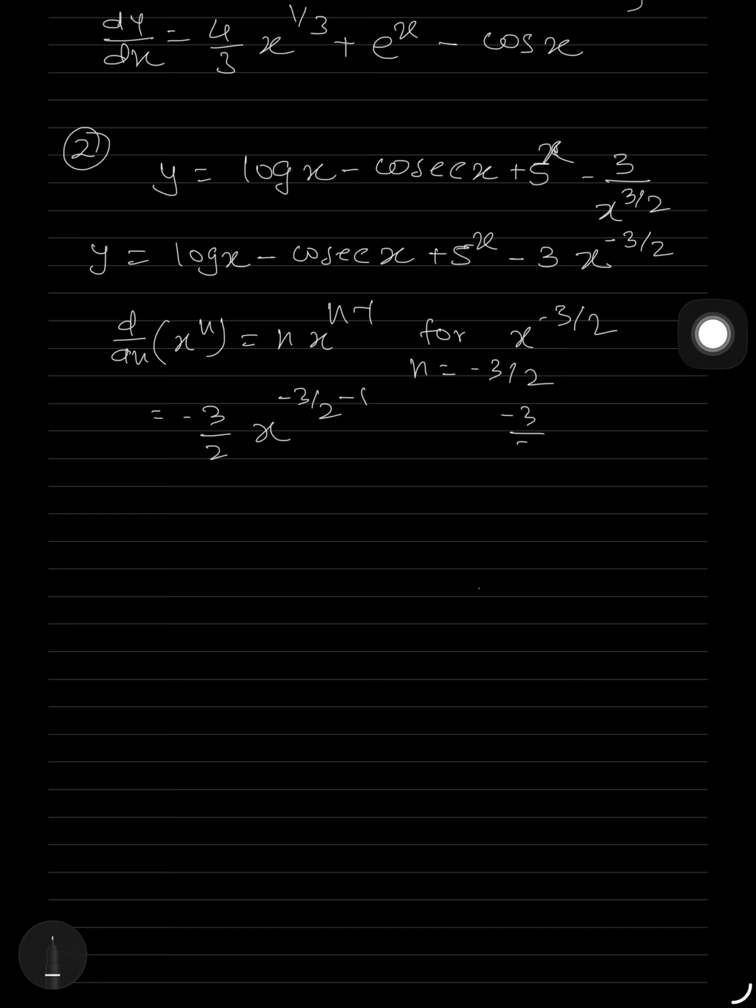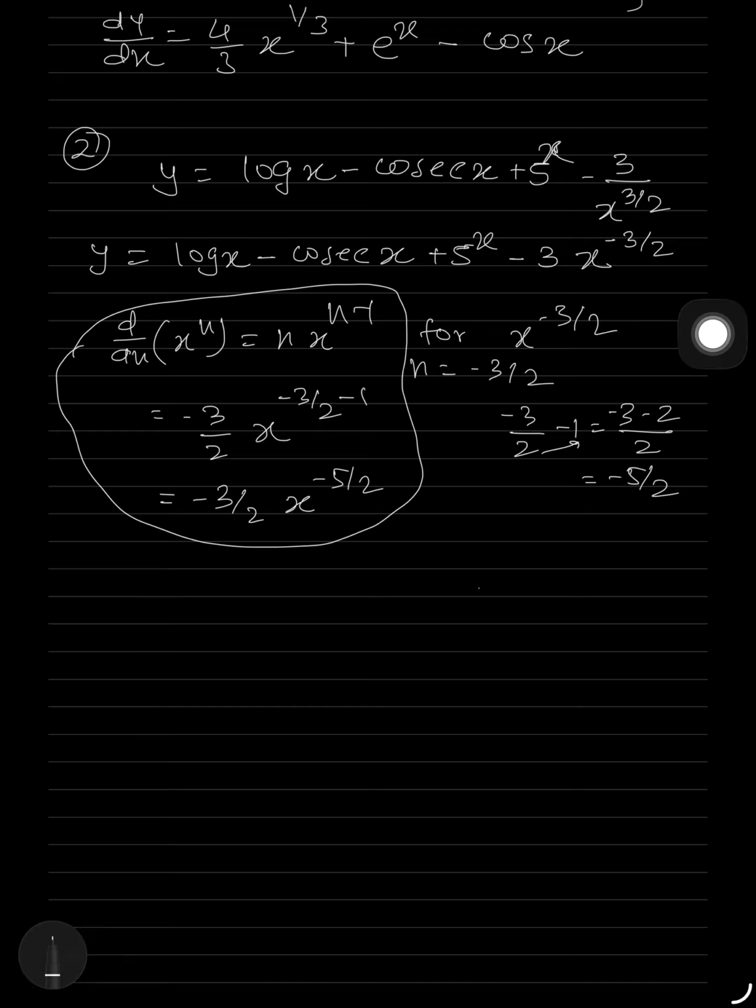Minus 3 by 2 minus 1 is equal to minus 3 minus 2, cross multiplying by 2, this will become minus 5 by 2. So here minus 3 by 2 x raised to minus 5 by 2. This becomes the answer of this one.